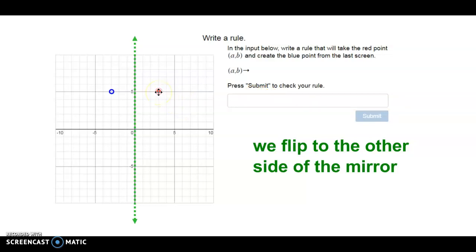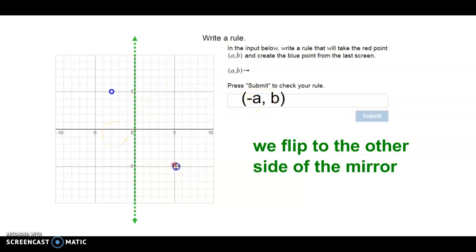And what they're wanting you to notice is that this coordinate here is at (3, 5), and this one over here on the complete opposite side is going to be at (-3, 5). And so what we say is that the new point, all it does is take your x coordinate, in this case a 3, and makes it the opposite, or -3.